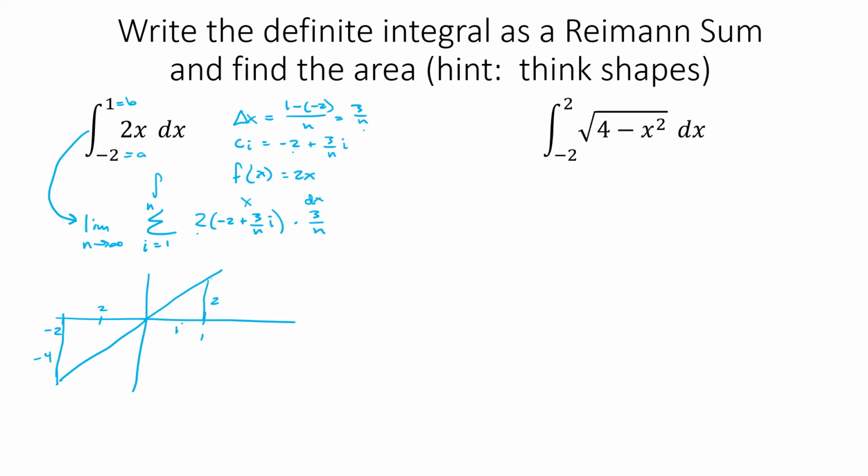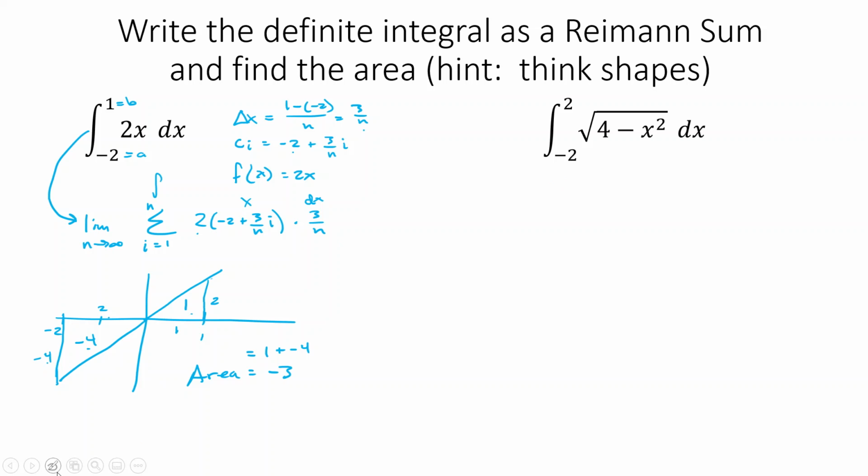So this area, 1 times 2, half of that, because it's a triangle, would be 1. This area is negative 4 times 2, so it's below the axis, it's going to be negative. So it's negative 8 divided by 2, so it's negative 4. If we add up these two areas here, we get that the area is negative 3. Just adding those up, 1 plus negative 4 equals negative 3.